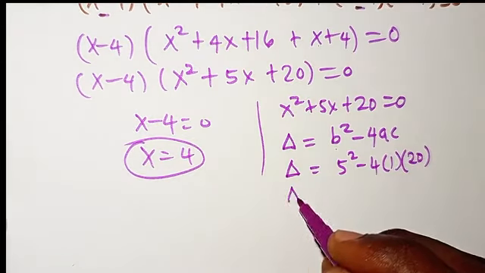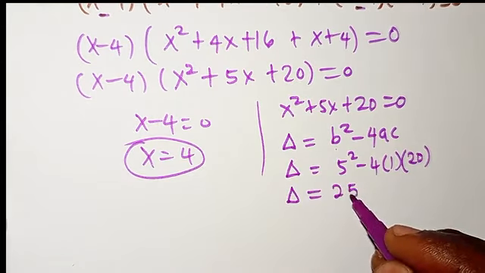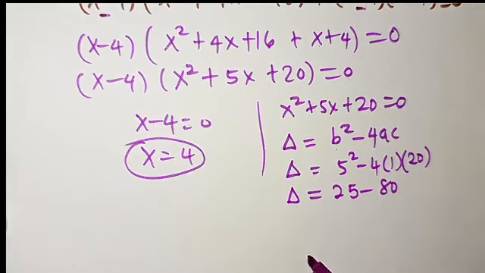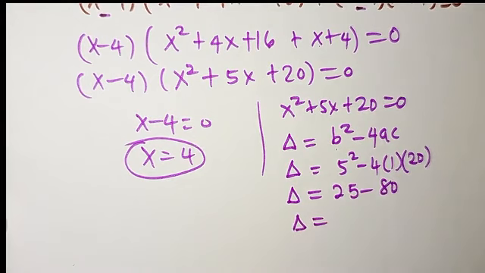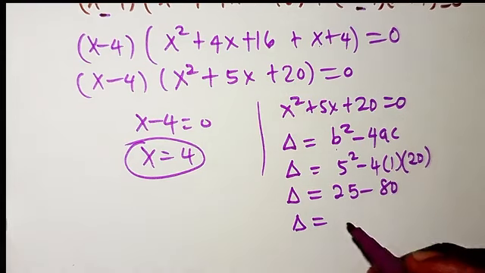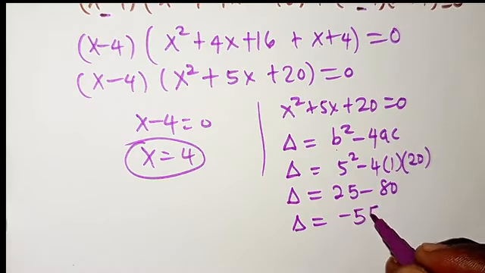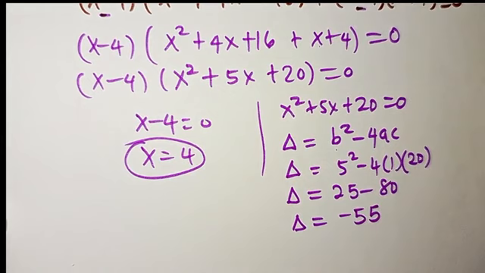Can you see that? So we're going to have the discriminant to be 25 minus 80, because 4 times 20 will give us that. So this is going to give us minus 55.